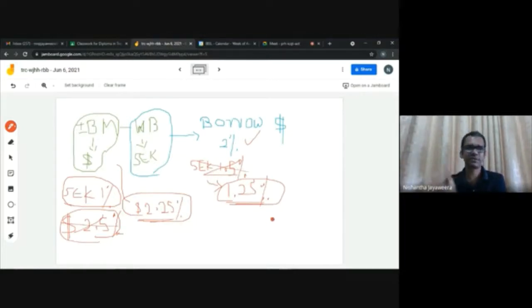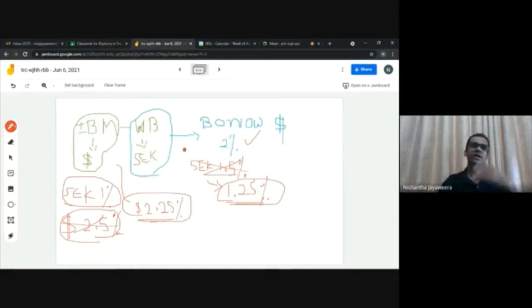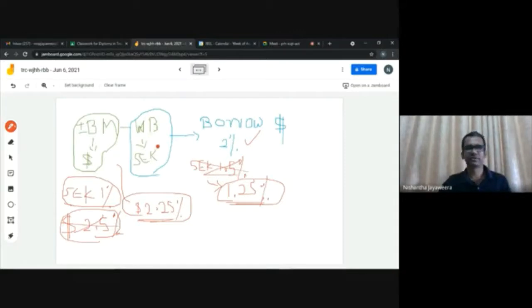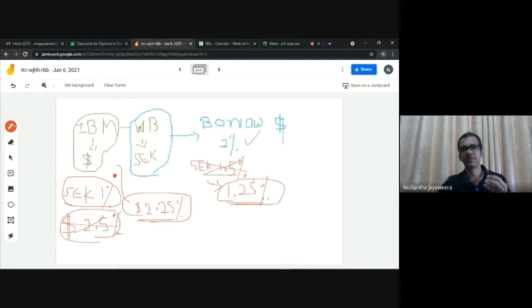That margin is fixed; even if the interest rate goes down, the margin is fixed. If they want to reduce that margin, they can borrow in dollars and swap it into Swedish krona with a Swedish party. Then their margin will be less. That is the basic concept behind this cross-currency swap.